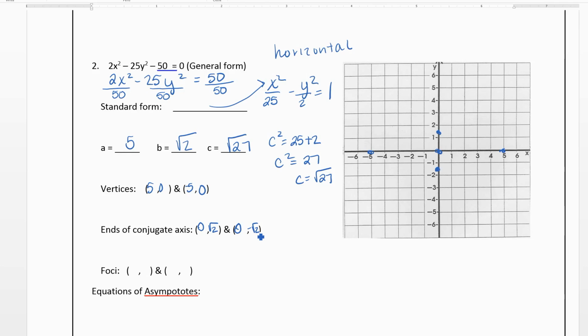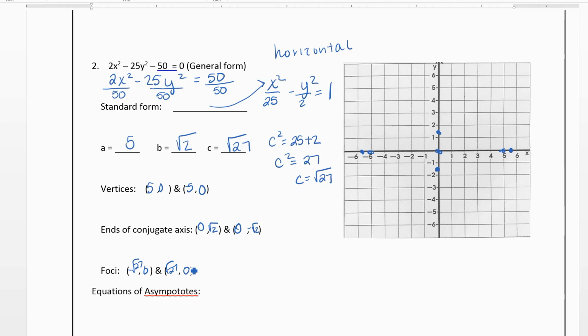And our foci, we need to go left and right from the center by the square root of 27, which is between 5 and 6. You can always put that into your calculator to get a decimal approximation, but we know 27 is between 25 and 36, and the square root of 25 is 5, and the square root of 36 is 6. So this is at negative square root of 27, 0, and square root of 27, 0.